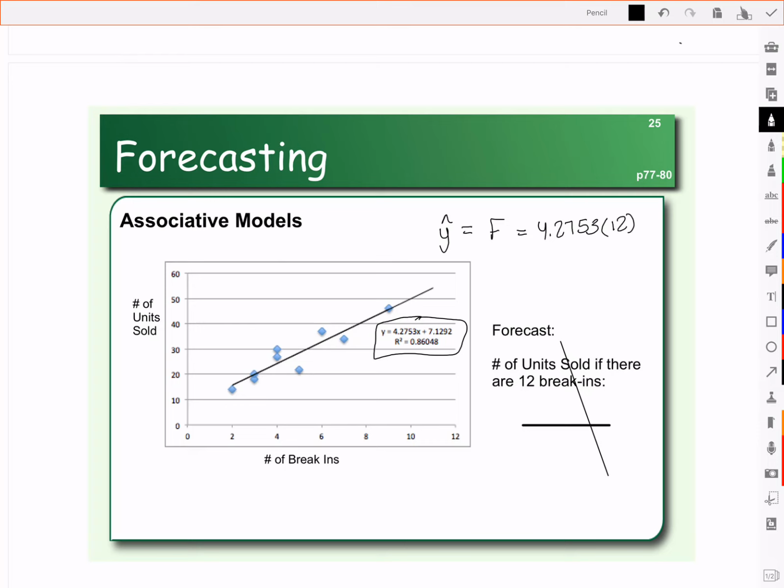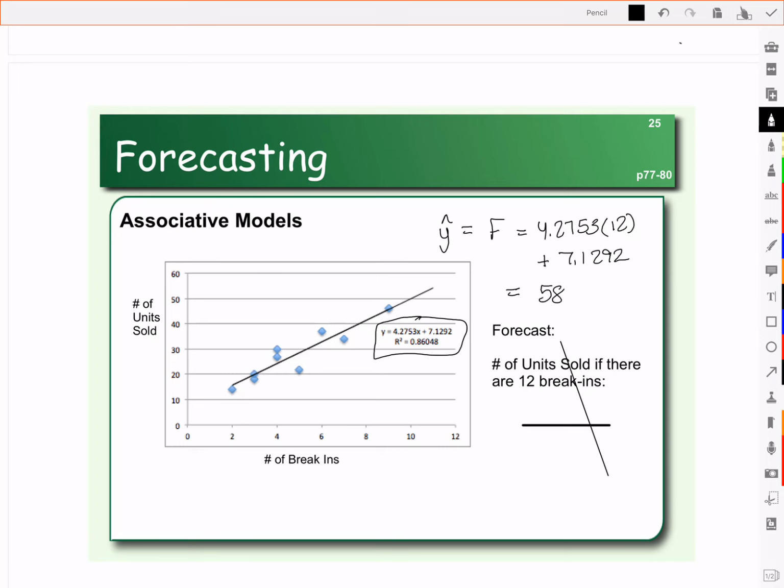So we're looking at 12 plus 7.1292. So we can figure out how many units sold we are expecting to see if 12 break-ins are reported in the newspaper. So we do this calculation and we end up with 58.